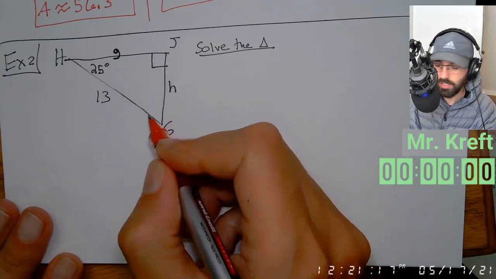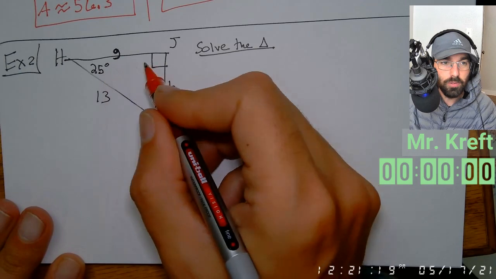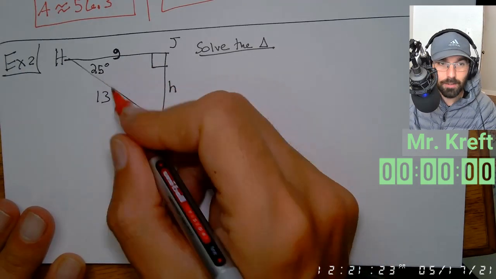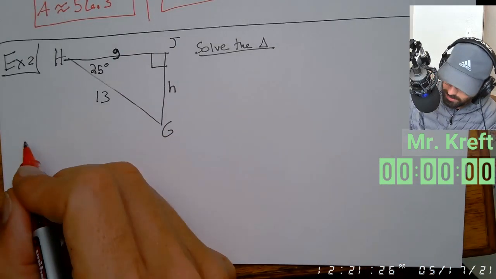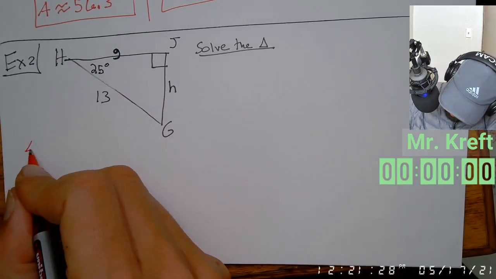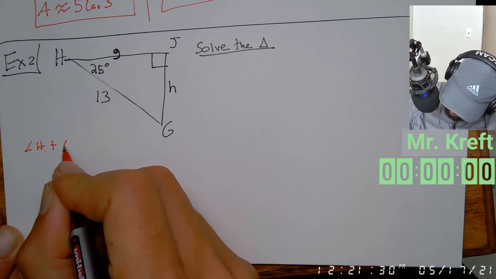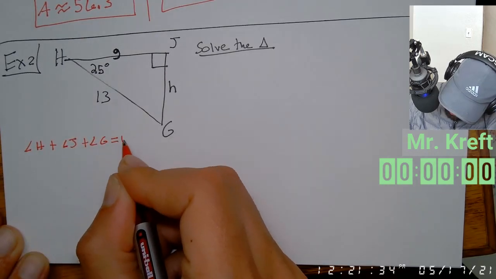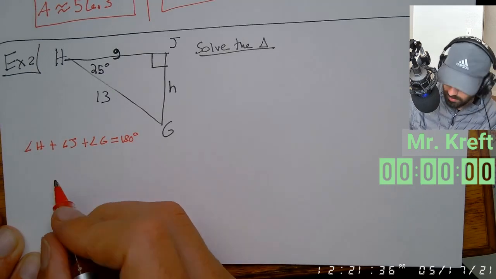So I'm just gonna go ahead and point out that we know this is 25, this is 90, and this we don't know, but we do know they're going to add up to 180, right? So angle H plus angle J plus angle G are going to add up to 180 degrees.